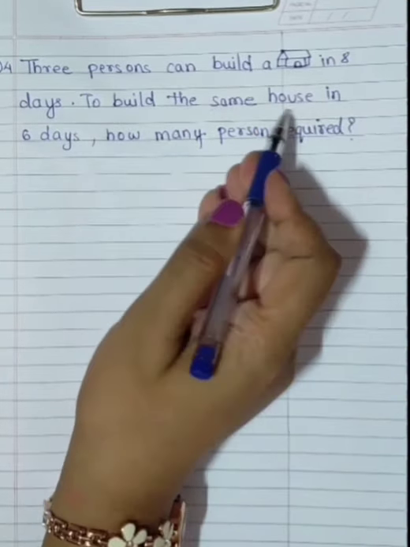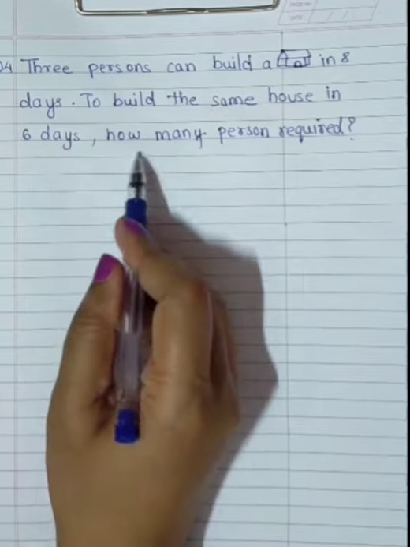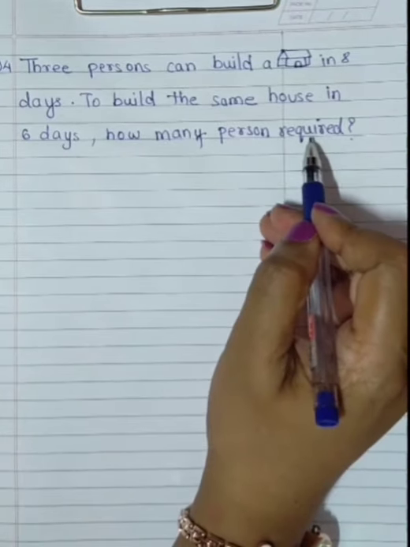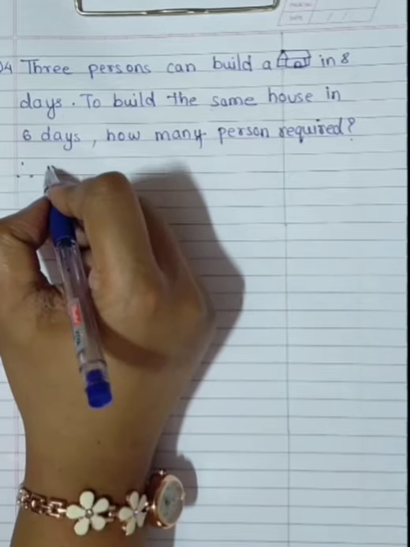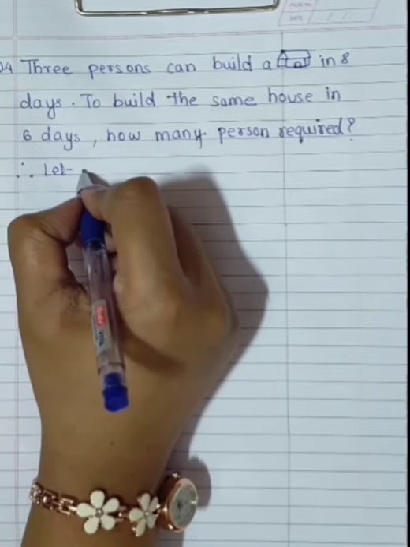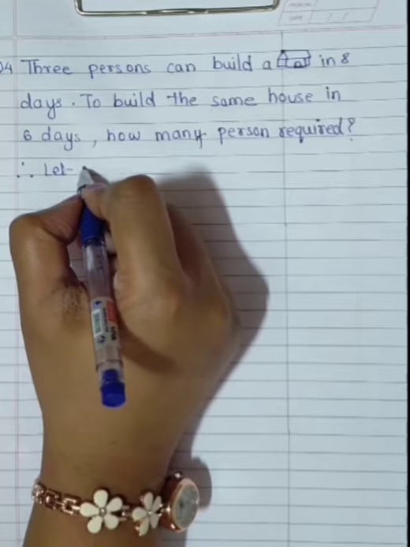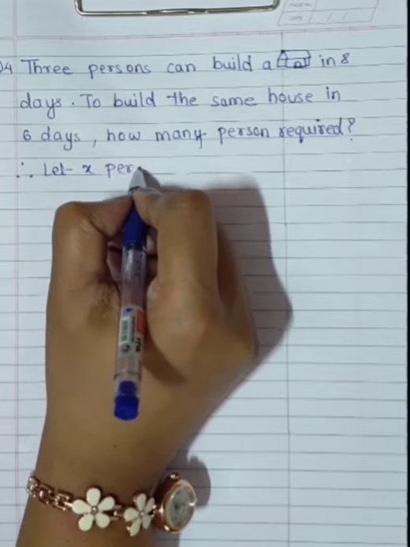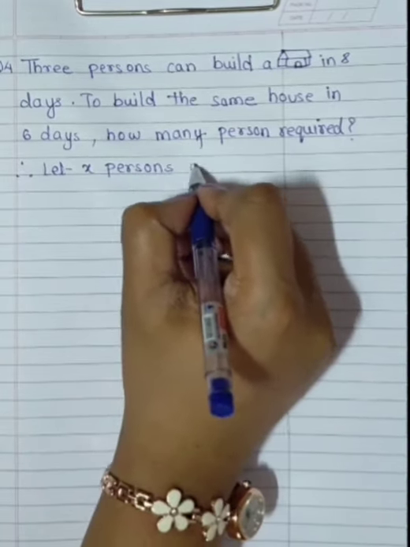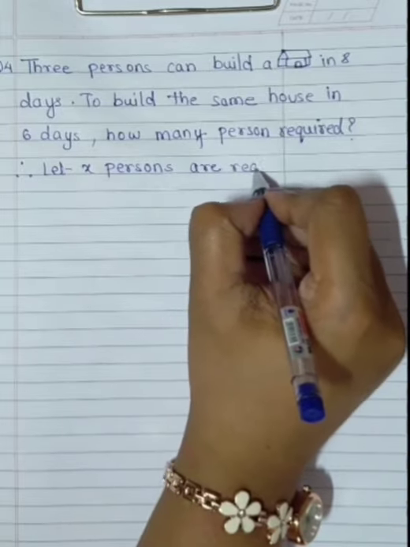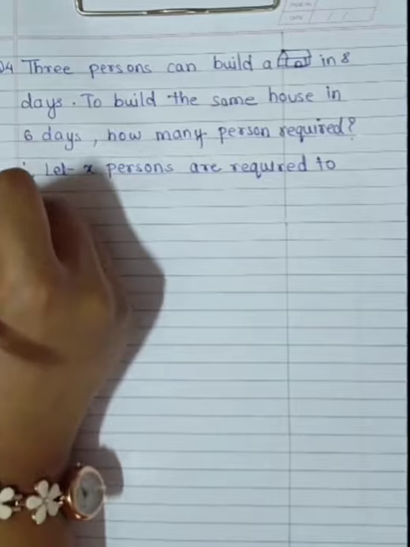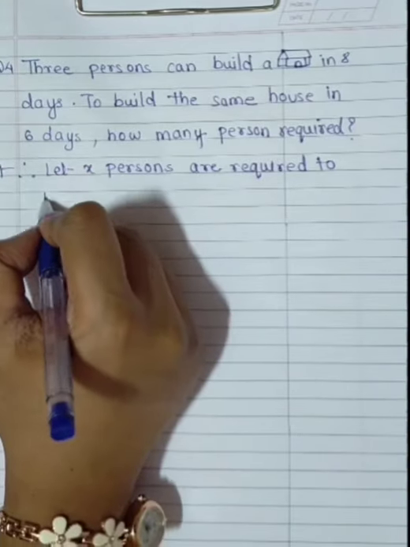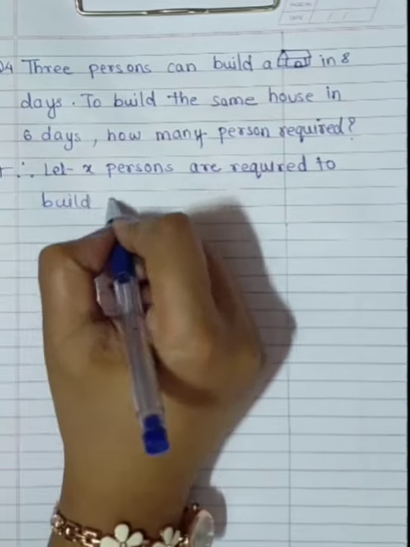To build the same house in 6 days, how many persons are required? This is our question. So here, let X persons be required to build the house in 6 days.